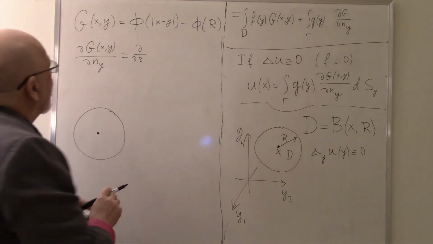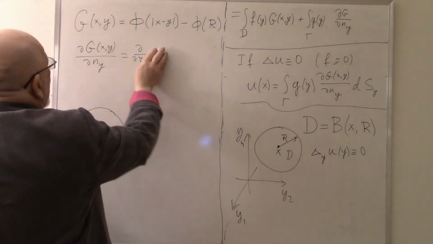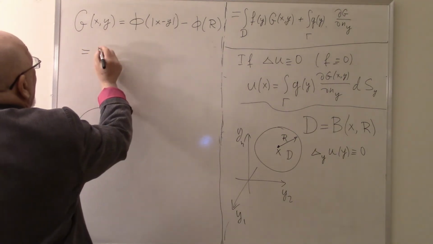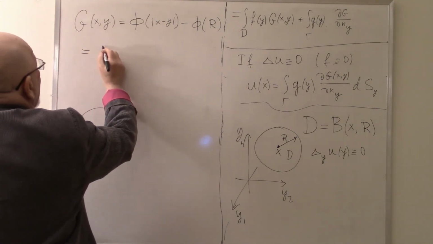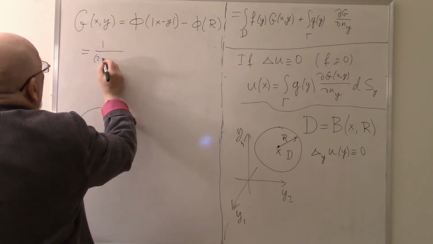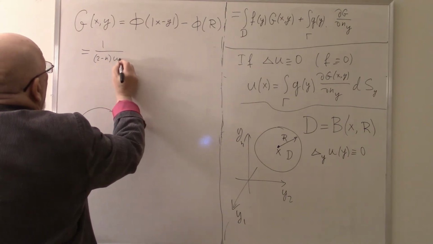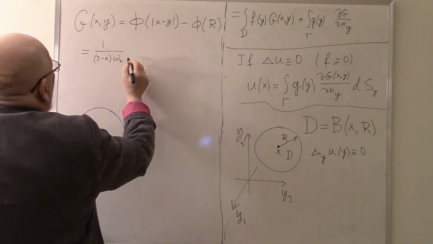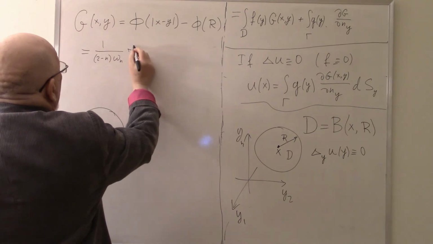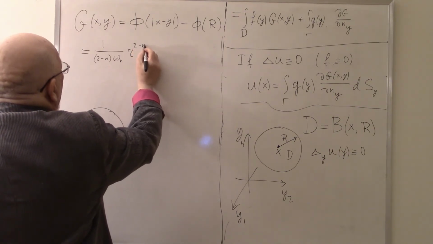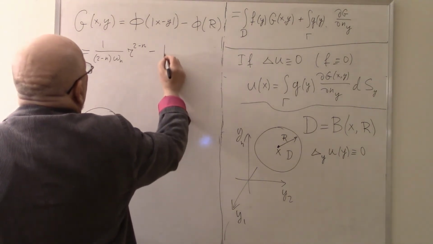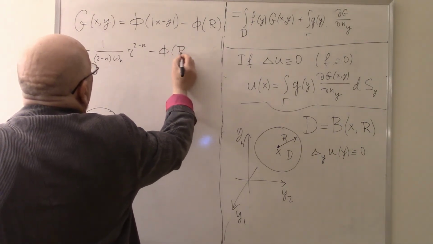Yes, the function. One moment. G of xy equals some constant 1 divided by 2 minus n omega n, r to the power 2 minus n, minus constant phi of r.